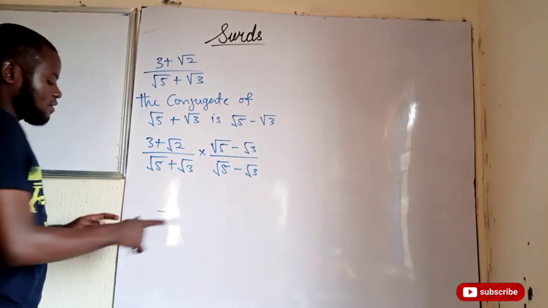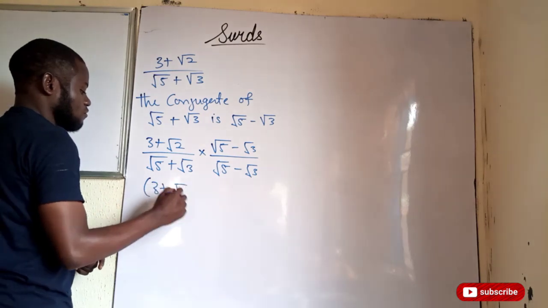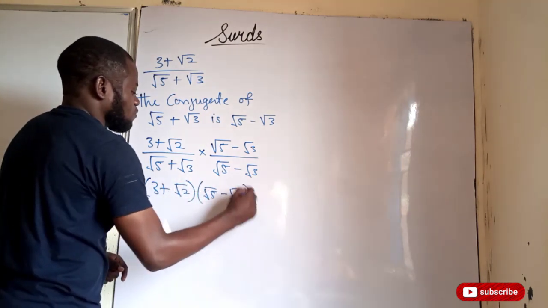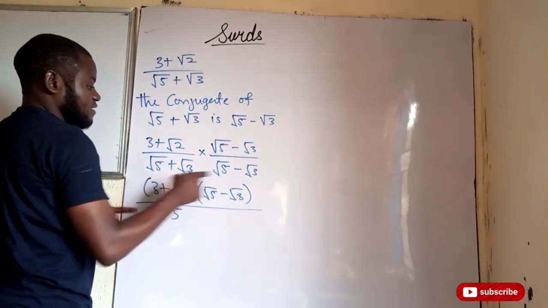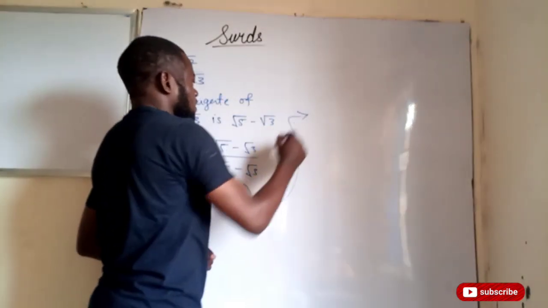Do we get this? This now will multiply this. So I have 3 plus root 2, the root 5 minus root 3, divided by this times this will give us 5, and this times this will give us minus 3.